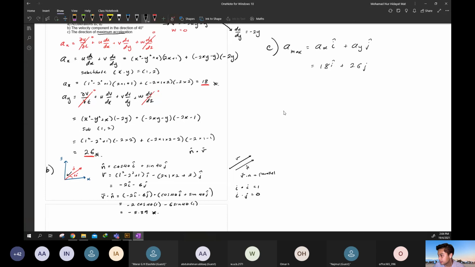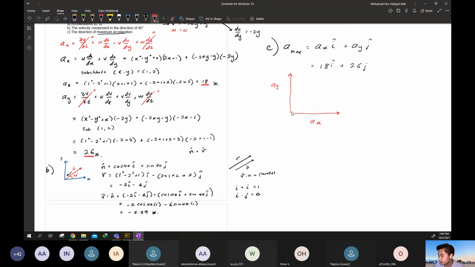So from here, this is the coordinate system. This is AX, AX is 18, and this is AY.